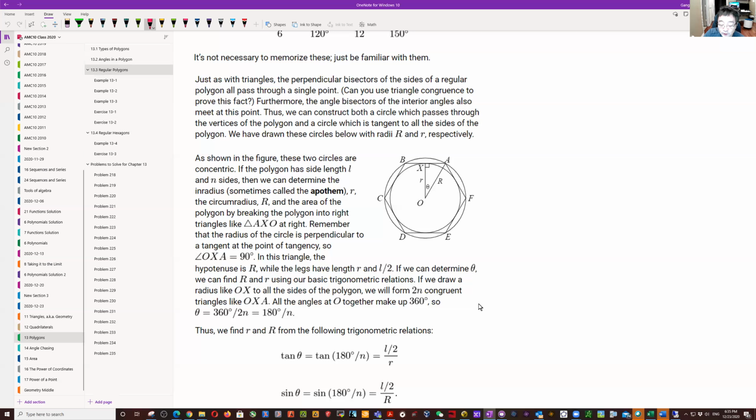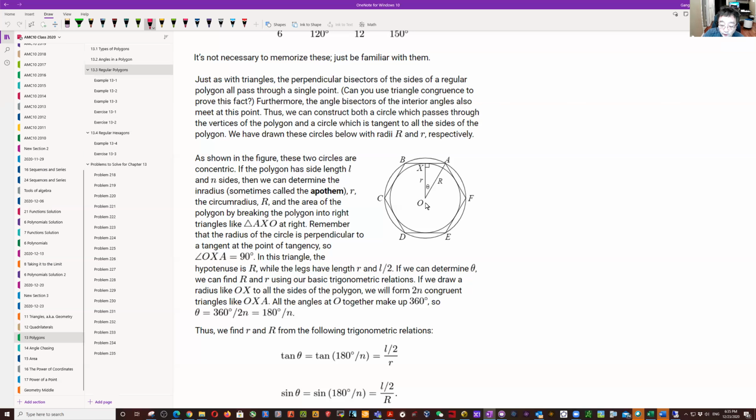And there's a terminology for all of those. Each side is the side length, you would say. And then the measure of OA, they call it the radius, the circumradius, for the regular polygon.